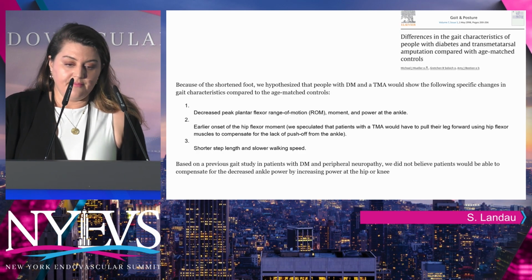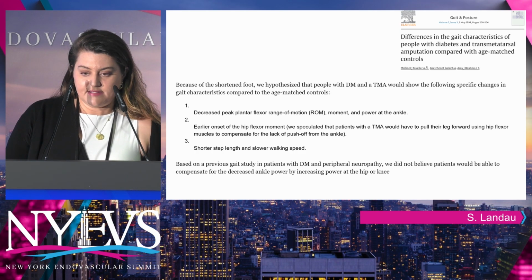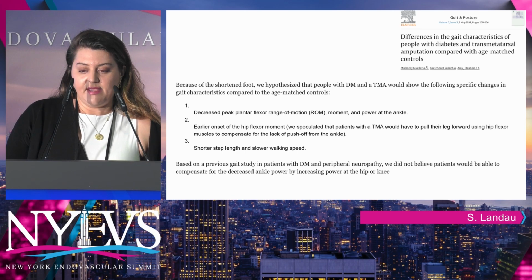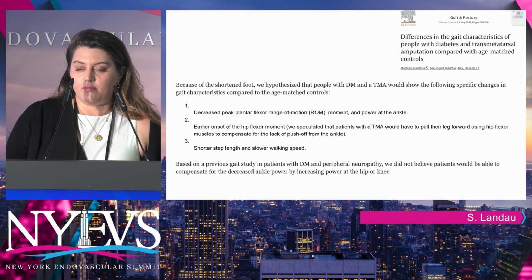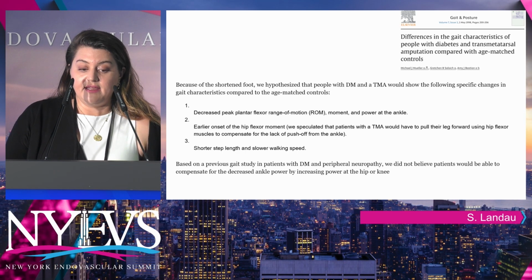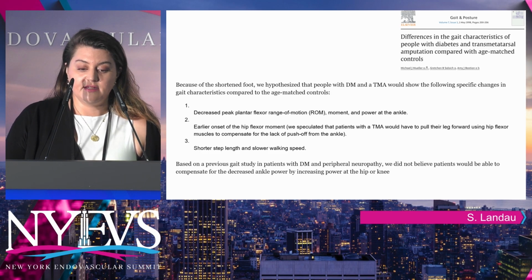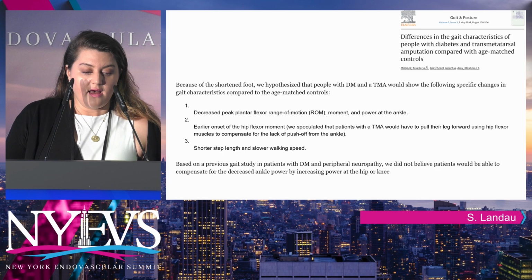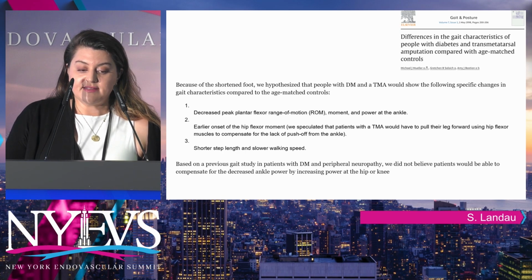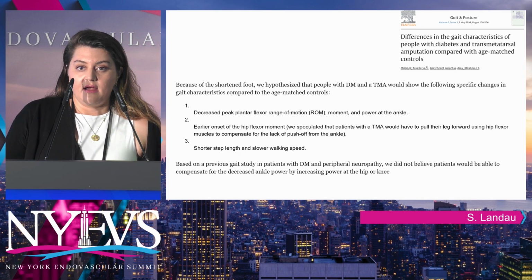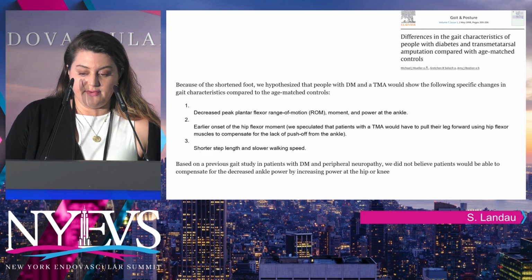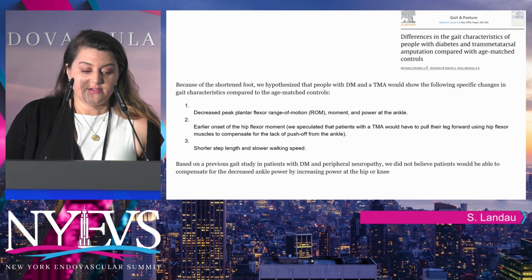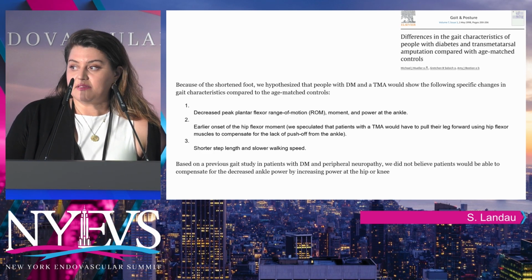In this paper, they compared TMAs of diabetics with an age-matched control, and they did find decreased range of motion and power at the ankle. They had earlier onset of hip flexor moment, which I suggested before, and they had shorter step length and slower walking speed.